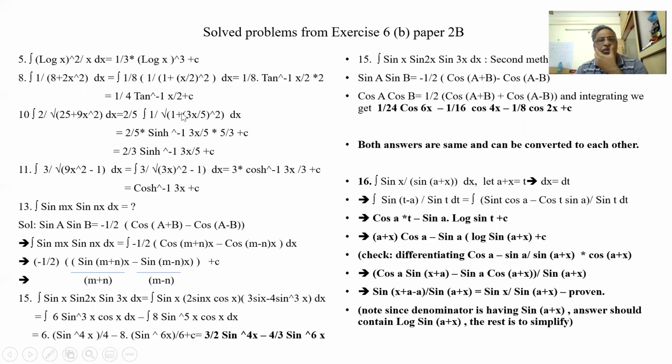So what is becoming? 1 plus 3x by 5 whole square. So if I put sin h theta, I'll get 1 plus sin h square theta is cos h square theta. Like that. So d of sin h theta is cos h theta d theta. Both cos h theta are getting cancelled, it is becoming integral d theta. So 2 by 5 sin h inverse 3x by 5, 5 by 3.